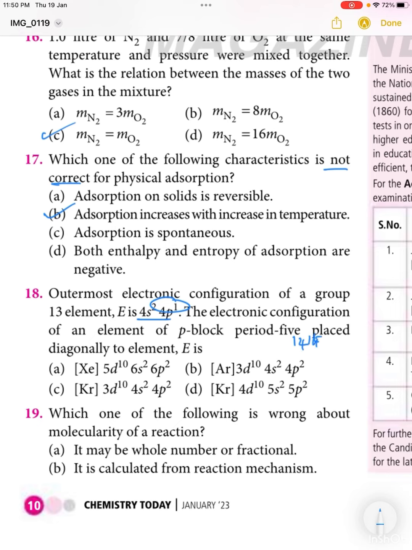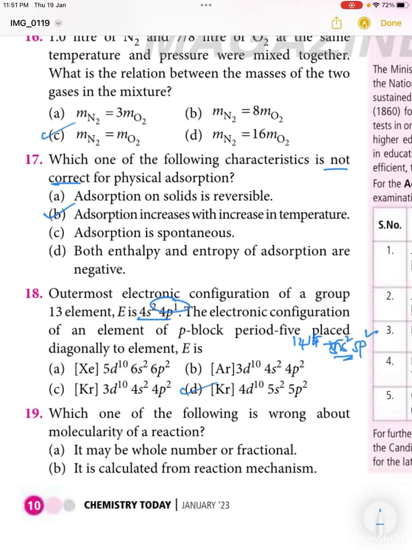For the 14th group, the general electronic configuration is ns2 np2, so here 5s2 5p2 will come. That is there with D only.